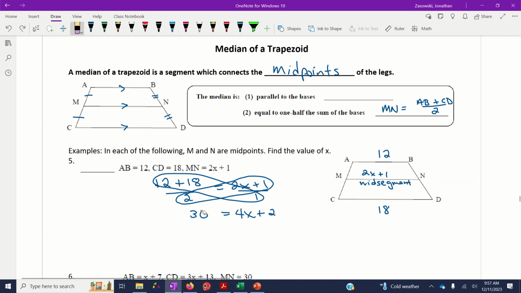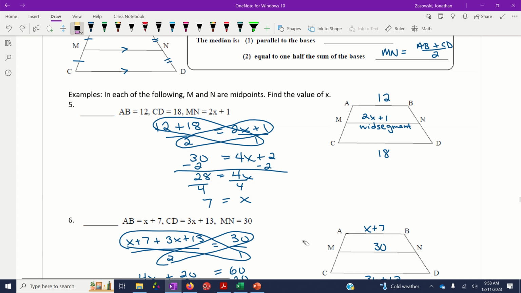And then 12 plus 18 is 30. Now we can just move the 2 over and then divide by 4 to get our answer. You could have combined like terms and divided by 2 to get 2x plus 1 equals 15. You get 14 and 7 either way. But in general, I like to talk to the students, and anyone following along here, about cross multiplying first and then combining like terms as you do that.